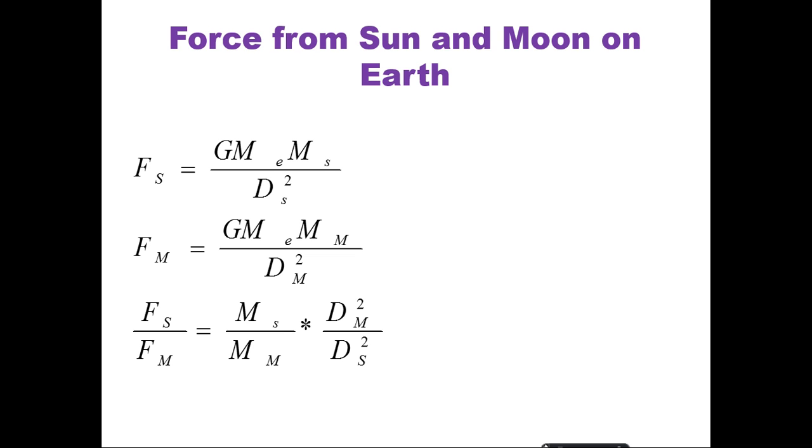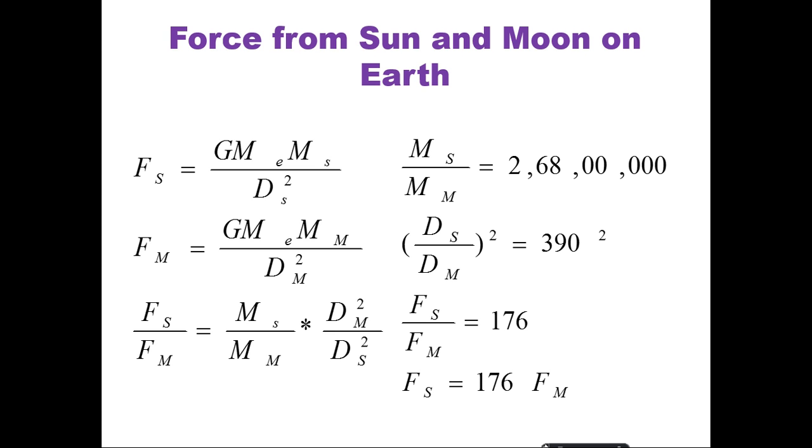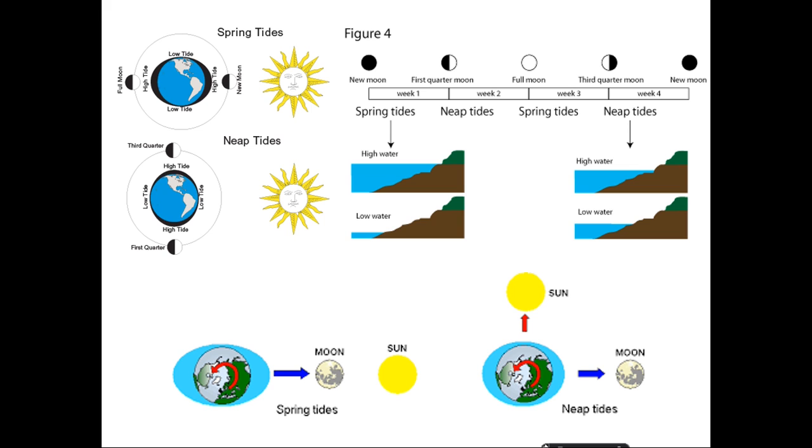Similarly Fm, the force due to the moon on the earth. If you take the ratio and put in the available constants, the force of the sun is higher compared to the force of the moon, but due to the gravitational pull, the moon's effect is dominating. This is how the spring and neap tides occur during the week.